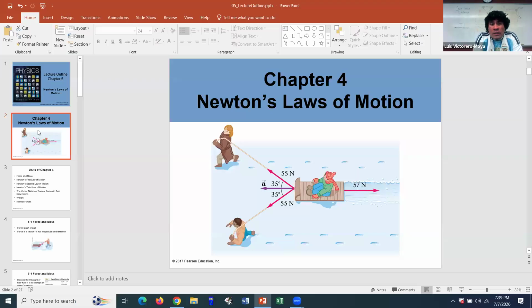It is the idea of, depending on the situation, drawing the forces acting on a system. Why do we need that? Because today we're going to be exploring different situations. You can have situations where a mass is in equilibrium, so not moving, or situations where the mass is moving. But to know whether or not the mass is moving, we need to know what forces are acting and in what direction.